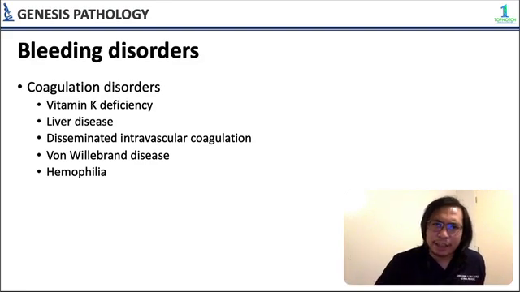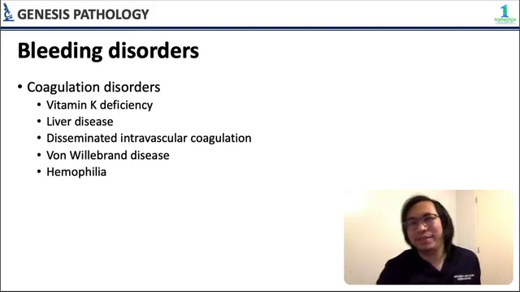Von Willebrand disease, di ba pang platelet yun? Paano naging coagulation? Teka, liver disease, di ba sabi ko, all coagulation factors except factor 8. Saan ba nasi-synthesize ang factor 8? In your endothelium, along with your von Willebrand factor.